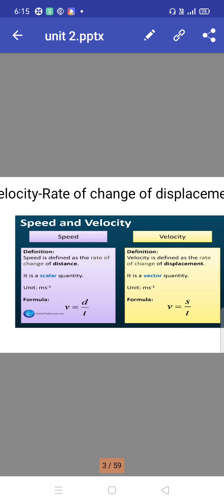The velocity is also the same, the rate of change of displacement. So this is the difference: in speed it's a change of distance, here it's the change of displacement. These are the main things. Velocity is a vector quantity. The unit may be the same, meter per second.